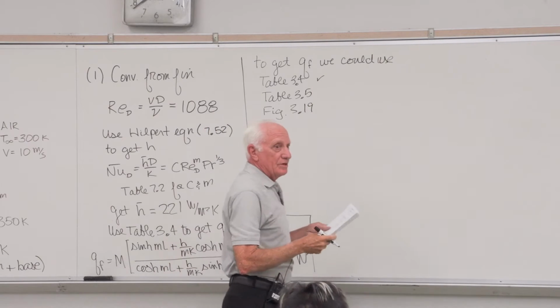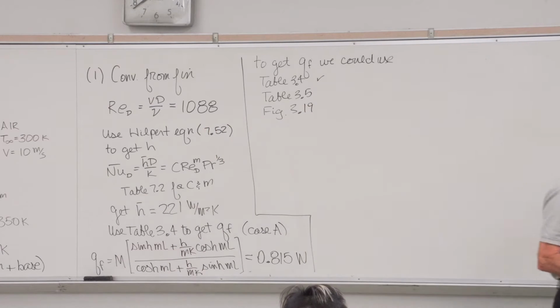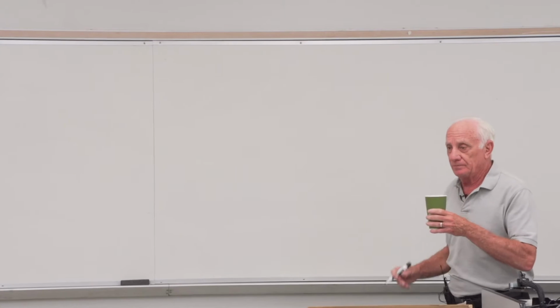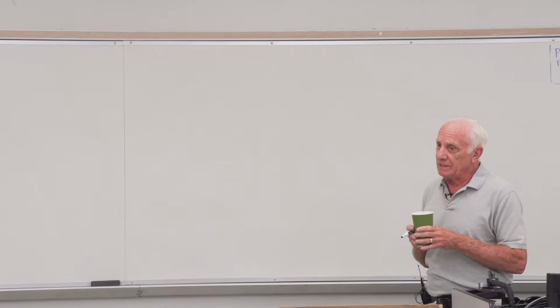We just used table 3.4. The choice is going to be yours, though. You've got to figure out which of those three you're going to use to get q. Some may work and some may not work.